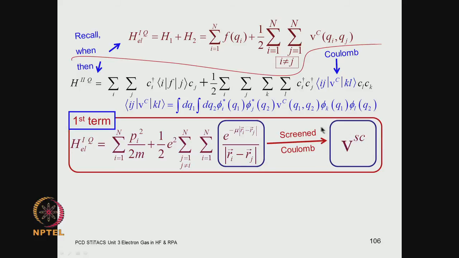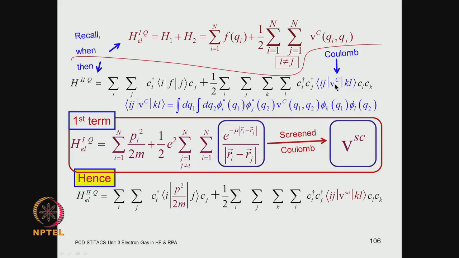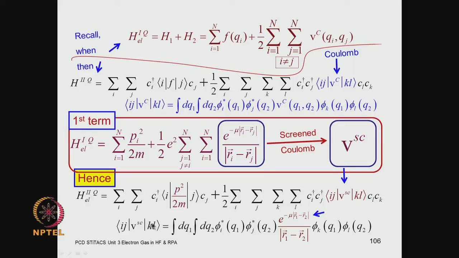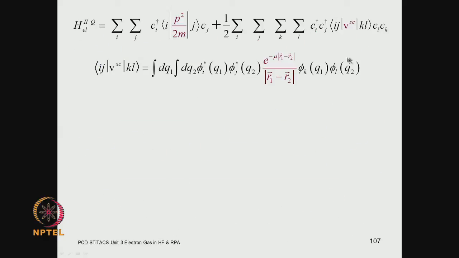And corresponding to that, this is our first quantized Hamiltonian, and the second quantized Hamiltonian, which we do not have to develop from first principles anymore, we have done that in our earlier exercise. We straight away take this result and just replace this V C by the V screened Coulomb. So this two center integral becomes the screened Coulomb interaction here. Okay, so it is directly we exploit the result that we have obtained earlier. So this is what we have got.